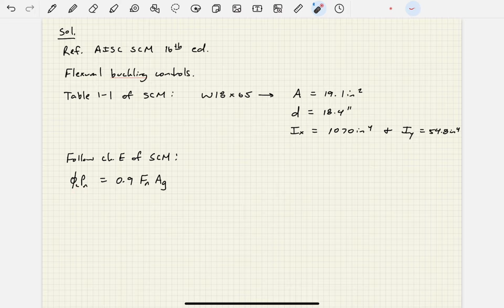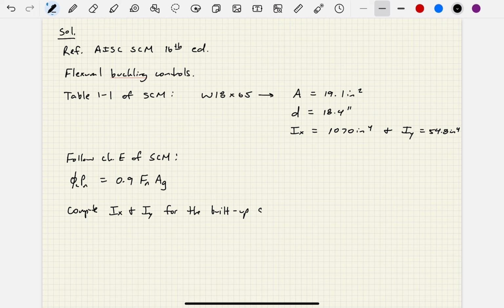And so this is a built-up column, so we have to do these manual calculations, right? So what we're going to do is compute I_x and I_y for the built-up section. And then we're going to take I_min, the least of those two values, I_x or I_y, of that built-up cross-section.